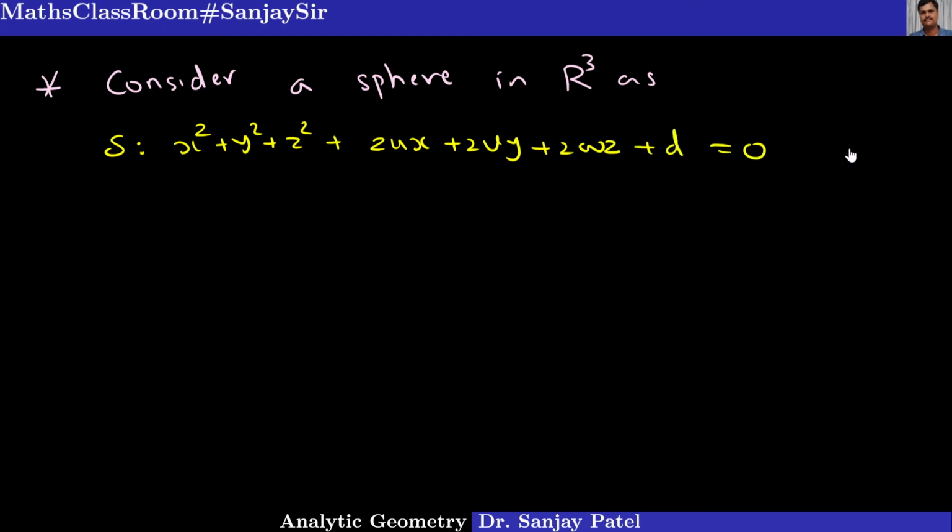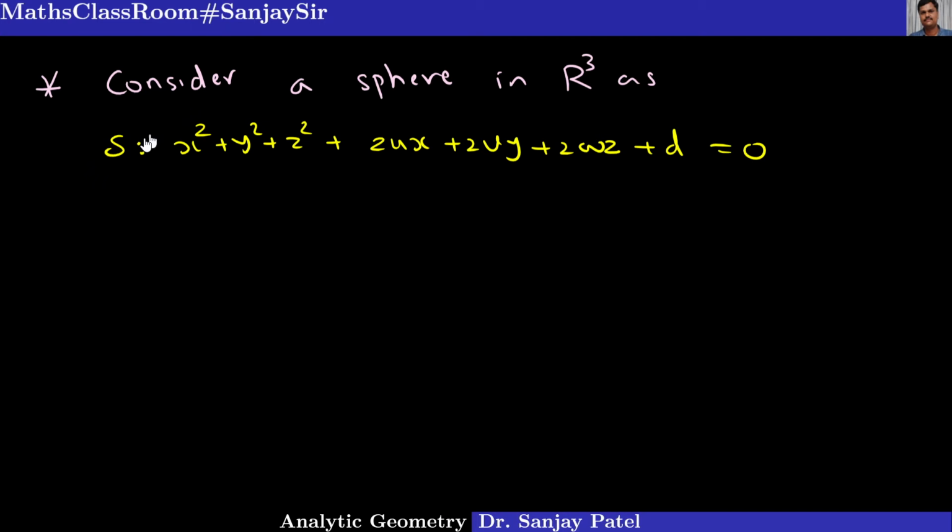Remember that throughout the chapter, the general equation of a sphere in the Cartesian form we are going to consider like this, and we label it as S. If you have more spheres, we'll label them as S1, S2, and so on.